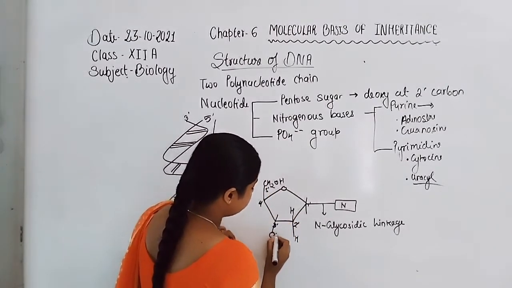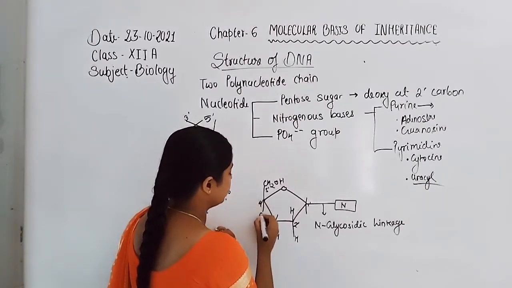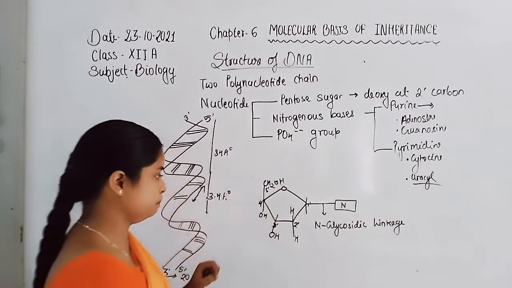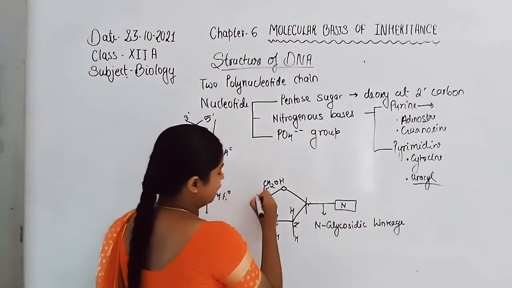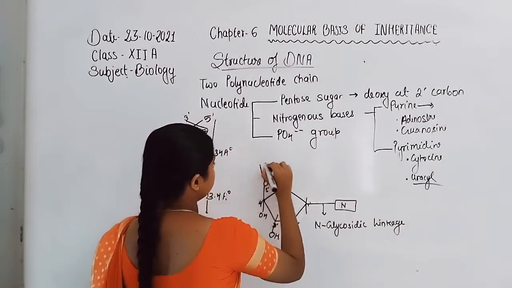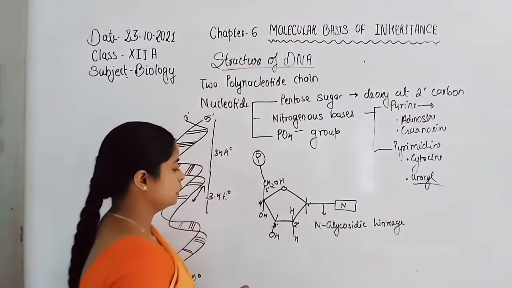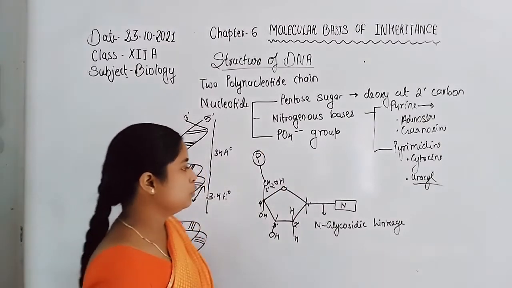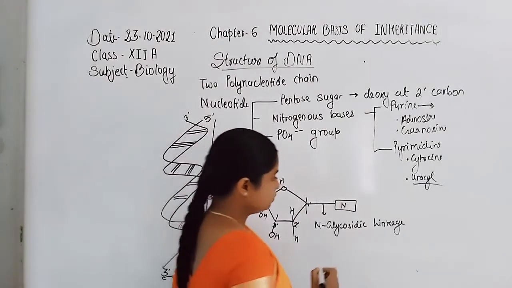On the 3 prime position, the hydroxyl group is present. Similarly, here the hydroxyl group is present. Now, the 5 prime carbon is always linked with the phosphate group. Hence, they undergo the formation of a phosphodiester bond.